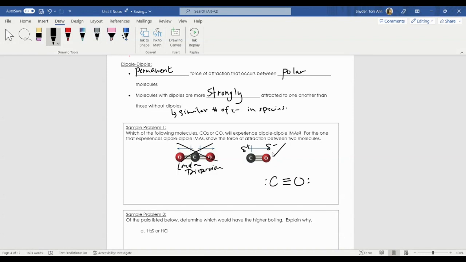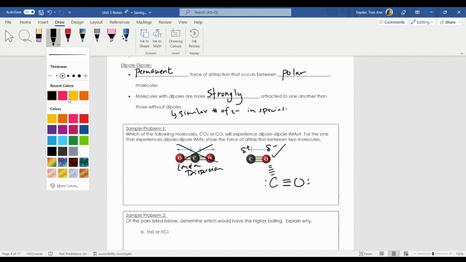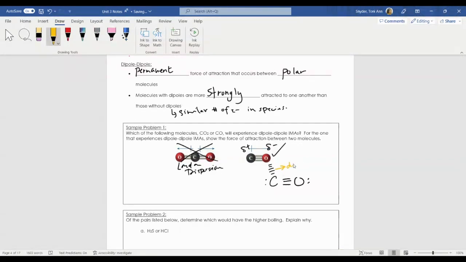And the partially negative end of one carbon monoxide molecule can attract the partially positive end of another carbon monoxide molecule. That is our dipole-dipole intermolecular force.